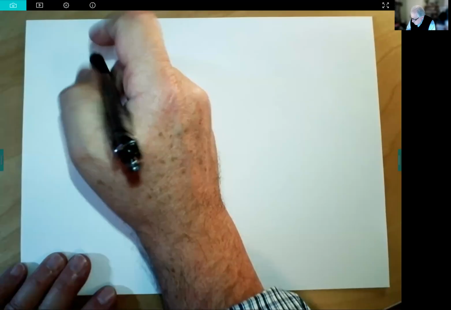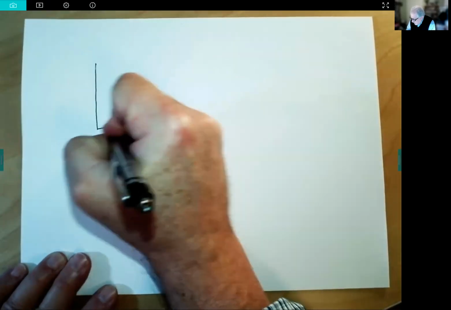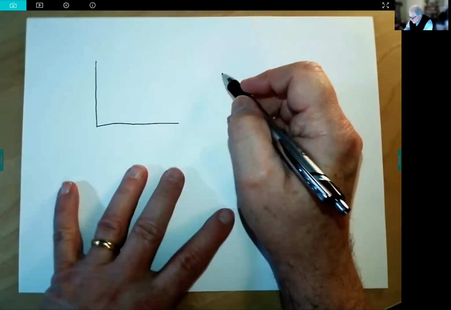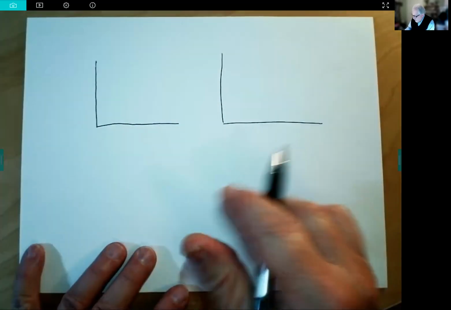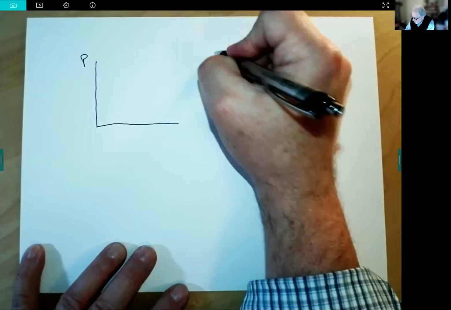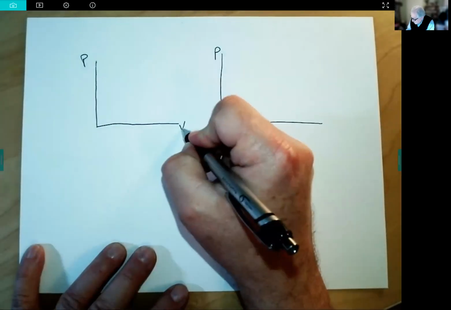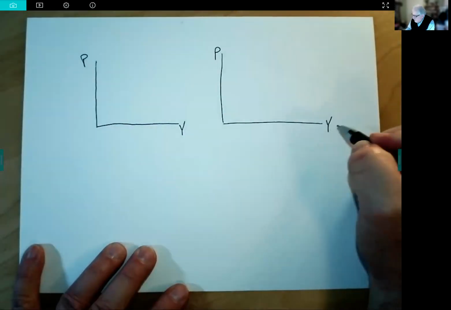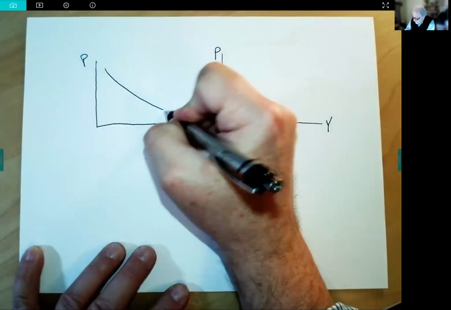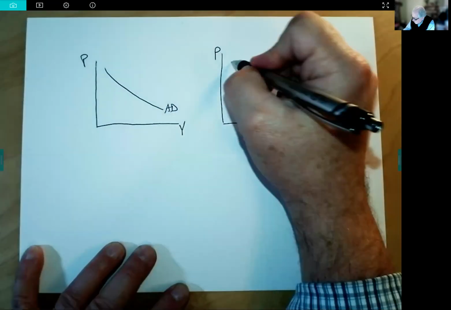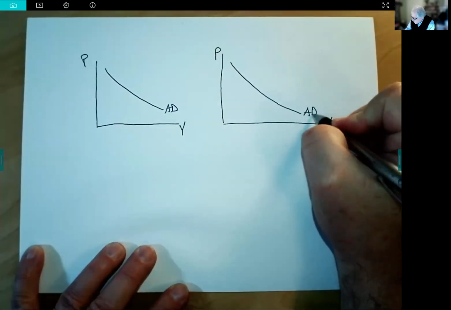If we draw our aggregate demand, aggregate supply models, the price level, the CPI, on the vertical axis, real GDP or Y on the horizontal axis. We've got aggregate demand. I'm going to draw two different cases here.